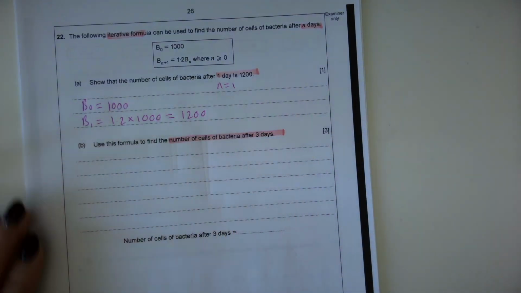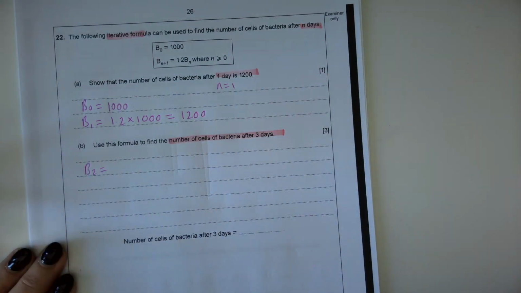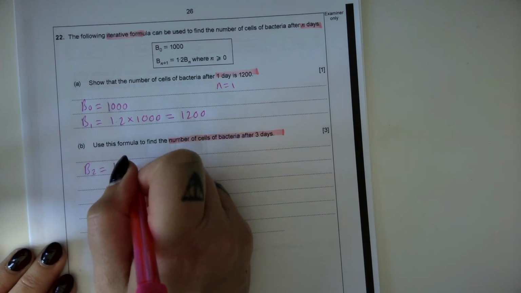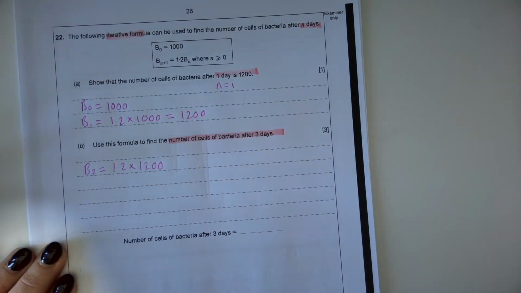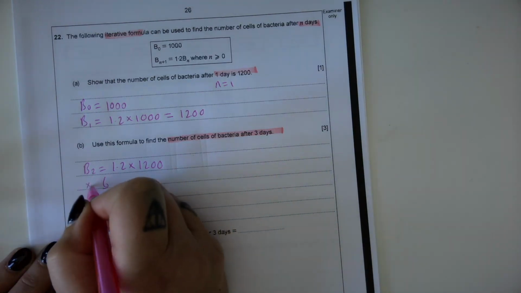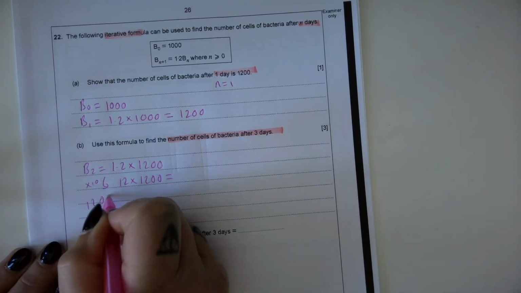So this is after 1 day. So we're going to use this formula again. So it's 1.2 multiplied by the previous value, so 1.2 multiplied by 1200. So I'm going to times this by 10, so we're doing 12 times 1200.